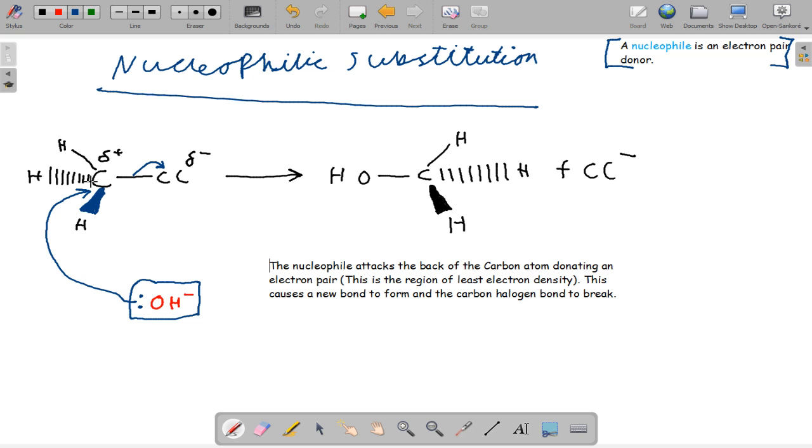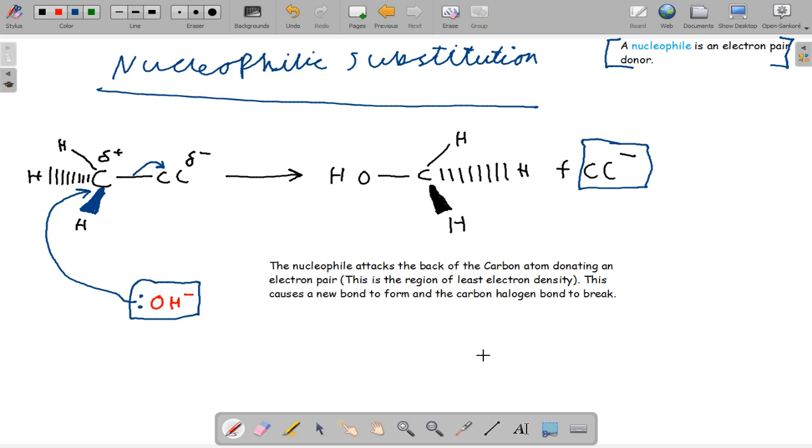So the bonding pair of electrons will move to the carbon atom, and a new bond will form, and the carbon to halogen bond here breaks because the bonding electrons move to the chlorine to make a chloride ion, and that's the end of the reaction.